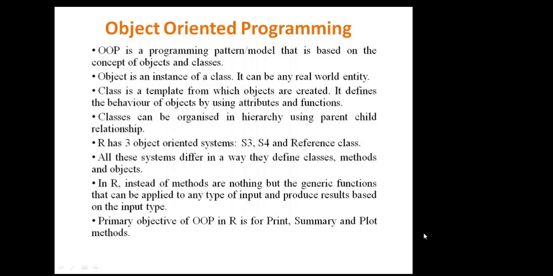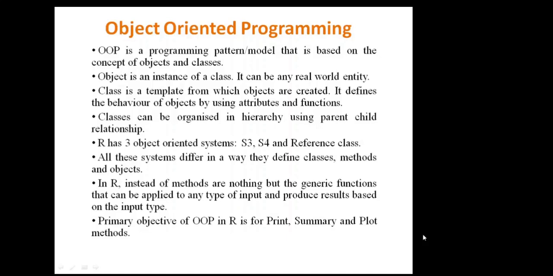In R, the most widely used generic function is the print function. If you pass a vector as a parameter to the print function, then it will print the vector. We can print a data frame, a matrix, or the result of any function by using print. So in R, print is a generic function which is a collection of different methods.